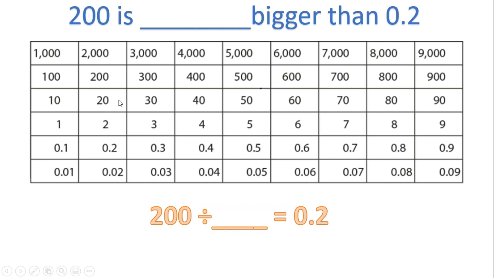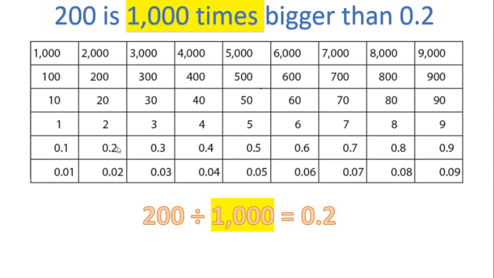You did 1, 2, 3 jumps. So you're divided by 10, divided by 10, divided by 10. 3 jumps means there will be 3 zeros. We've looked at this pattern in school before. So 200 divided by 1,000 equals 0.2.